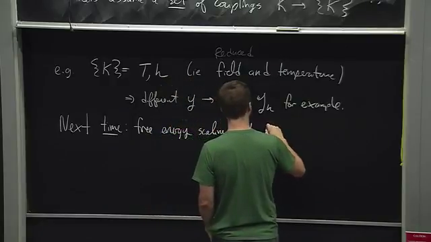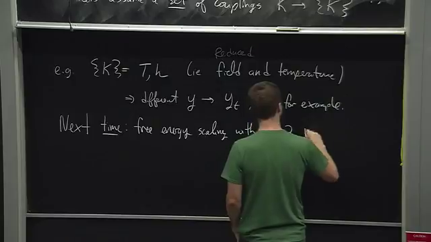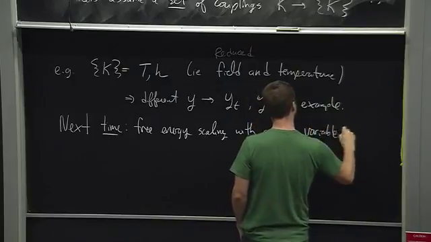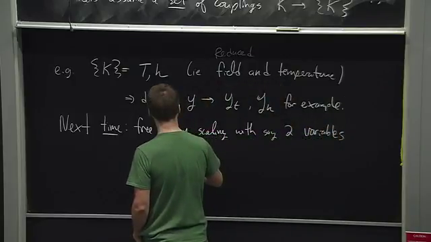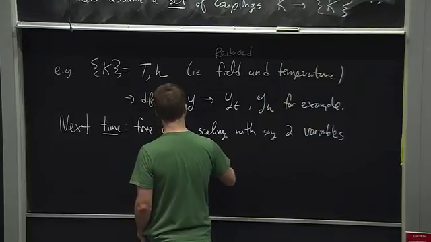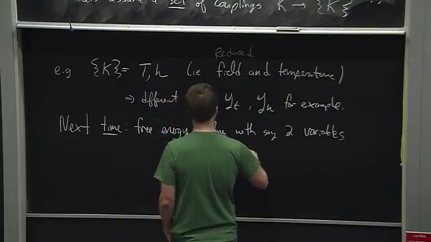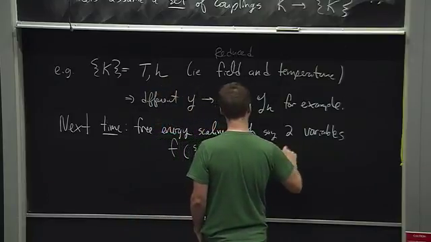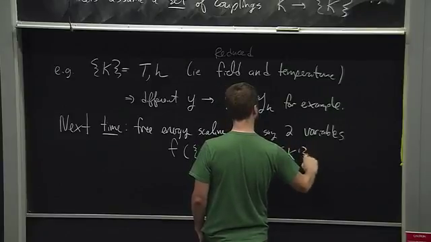Let's say 2. So it's going to be f of the set of K equals b to the minus d f of the set of K prime.